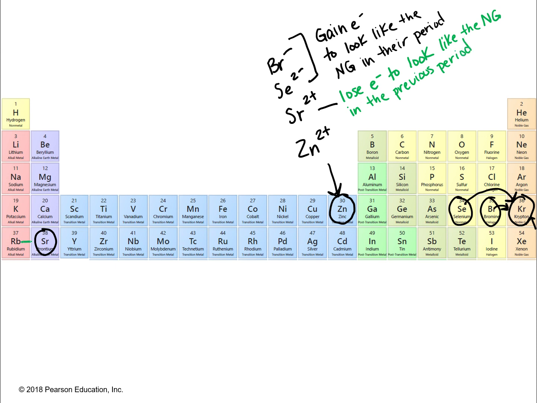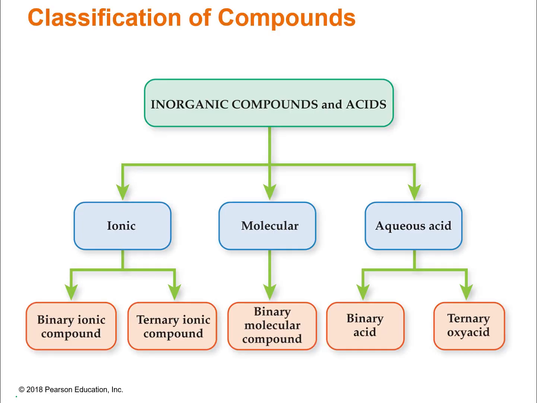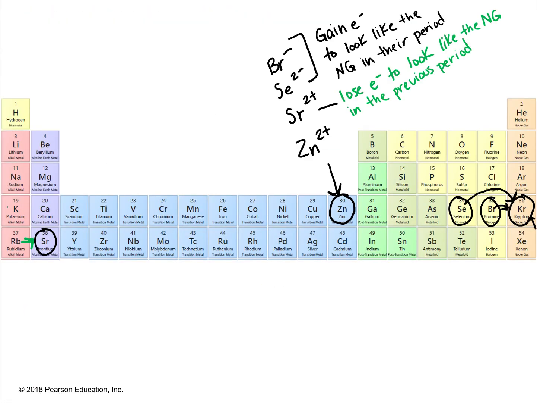Strontium is here. So the previous period would be the one above it. So the previous period is the one above it, and the noble gas is krypton.